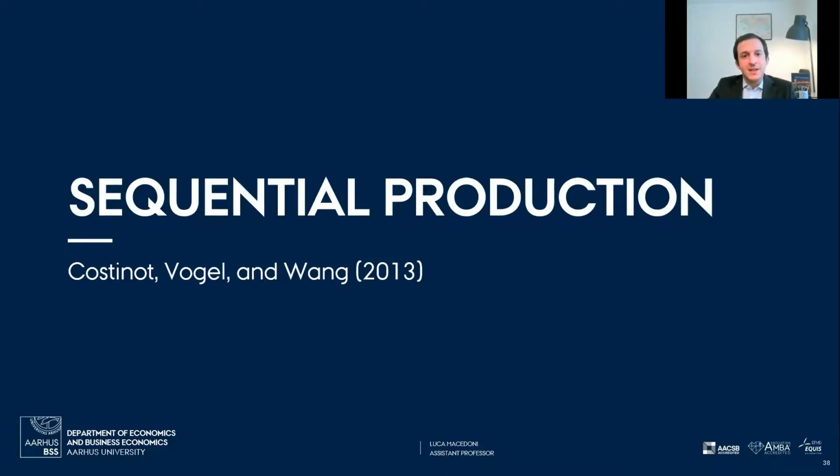And that is something that is very, very interesting, I think. And then it also allows me to briefly discuss this paper by Costinot, Vogel, and Wang, which basically uses a sort of different approach relative to the Feenstra-Hanson and the Grossman and Rossi-Hansberg model. But as you will see, the gist of it will be the same.